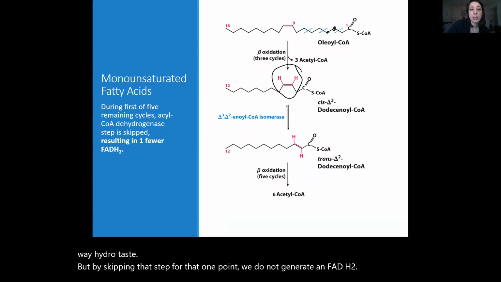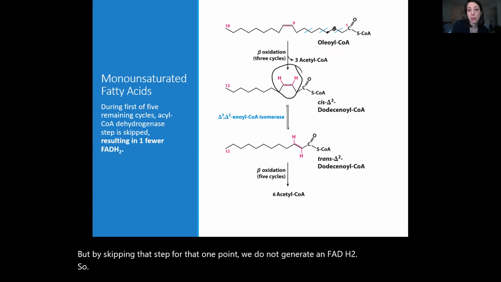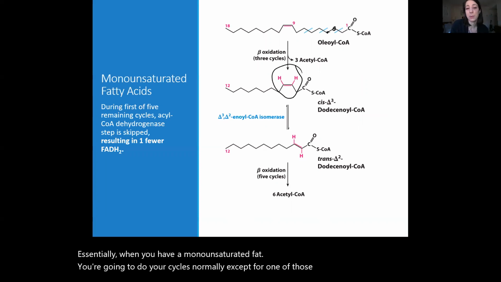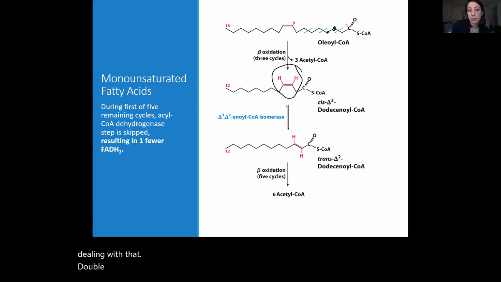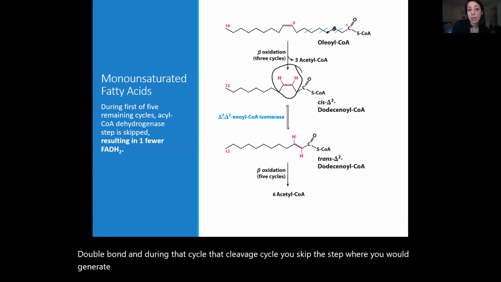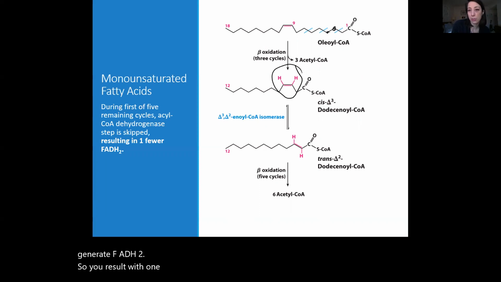So essentially, when you have a monounsaturated fat, you're going to do your cycles normally, except for one of those cycles in which you are dealing with that double bond. And during that cleavage cycle, you skip the step where you would generate FADH2. So you result with one fewer FADH2 with a monounsaturated fat.